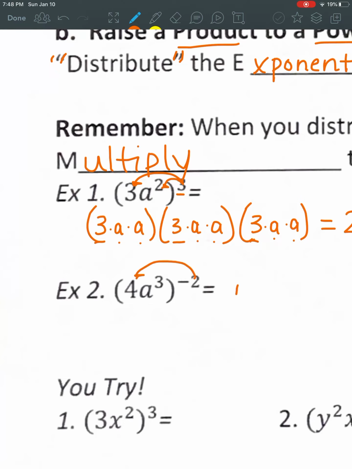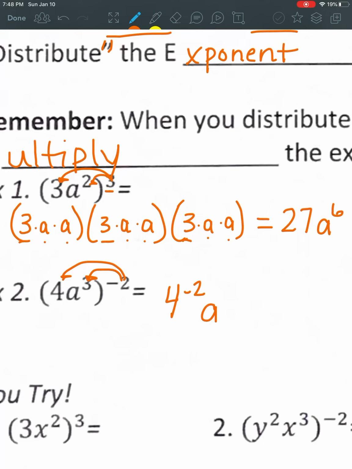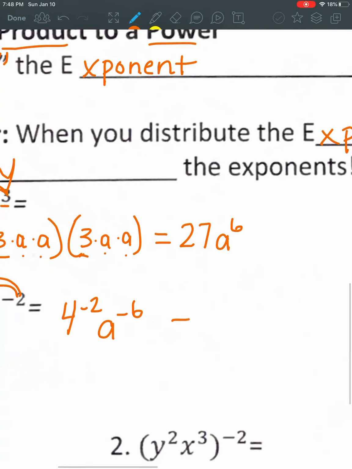So this negative 2 power goes to the 4. So we'd have 4 to the negative 2nd power. And then it also goes to the a cubed. So we'd have a, and then power to a power, we're multiplying, so to the negative 6th. Now, unfortunately, we've got negative powers, so we need to rewrite this. Both of these terms have a negative power, so they're both going to be put to the bottom.